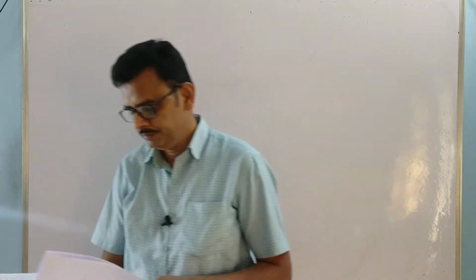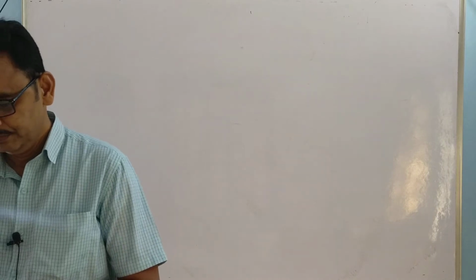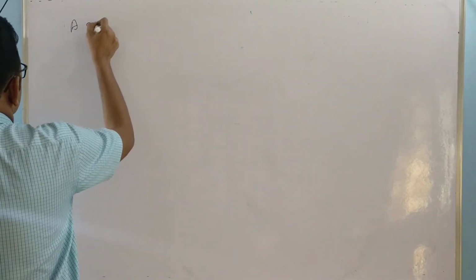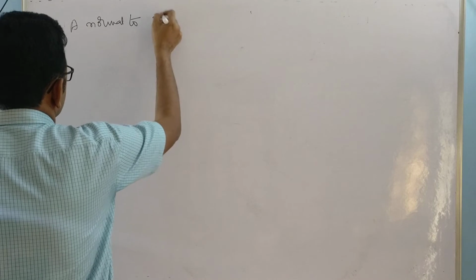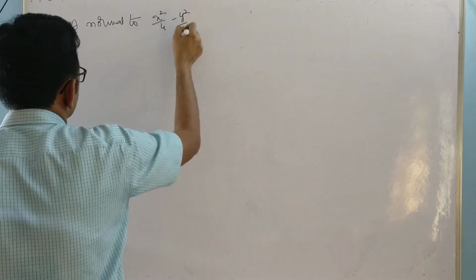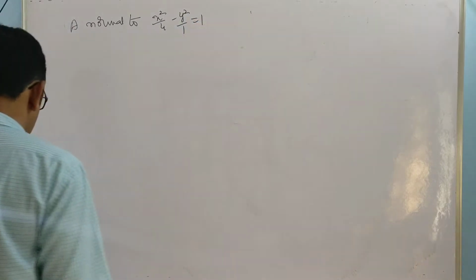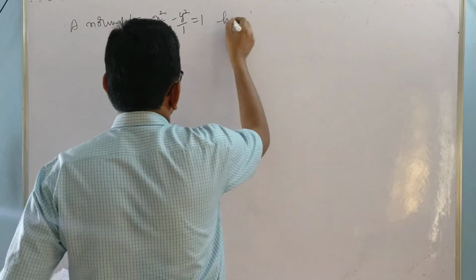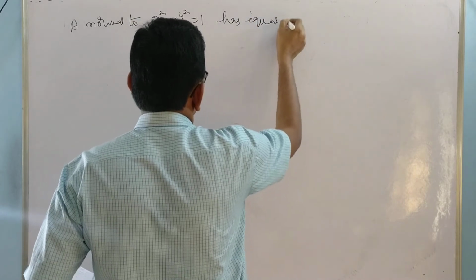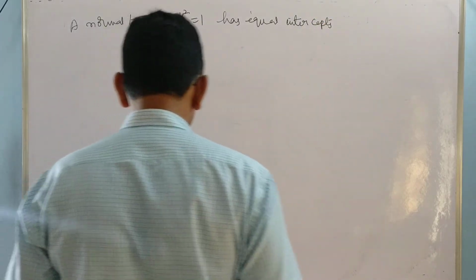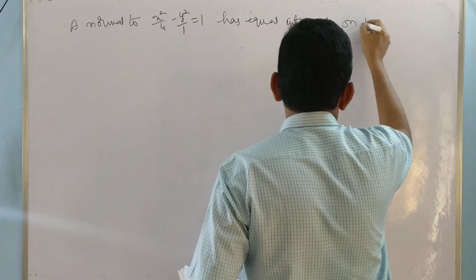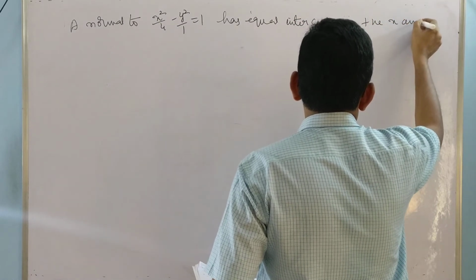Next one. A normal to the hyperbola x square by 4 minus y square by 1 equal to 1 has equal intercepts on positive x and y axis.